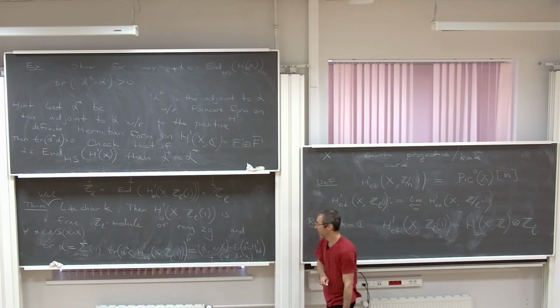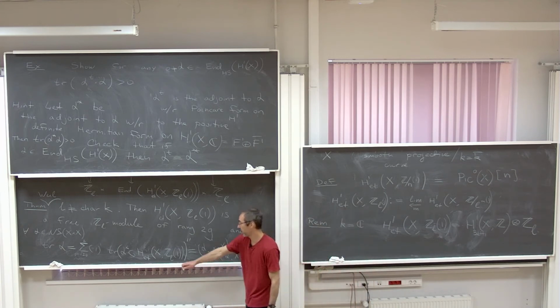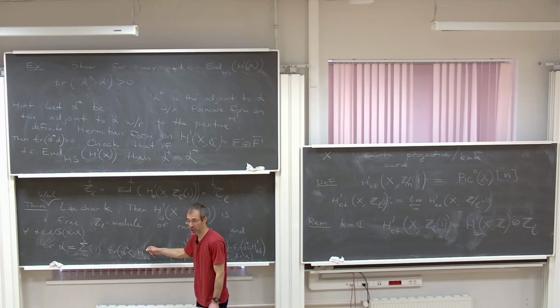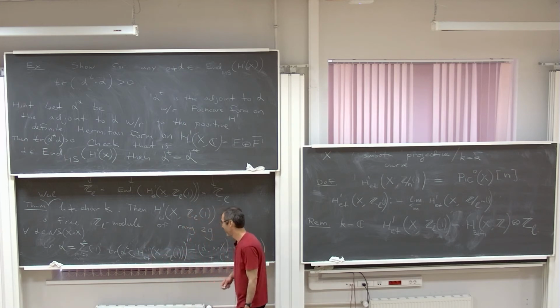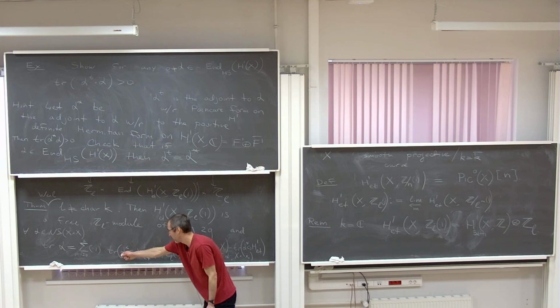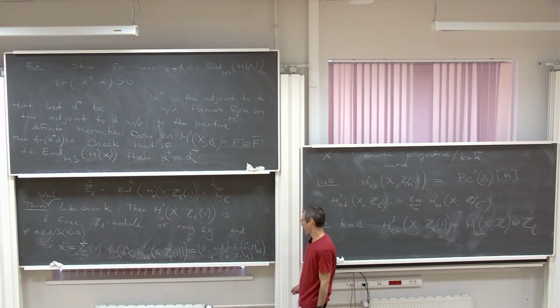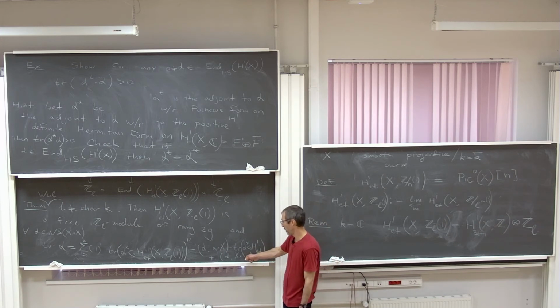Okay? So you should think of this number as an analog of the trace of alpha acting on H0, which as a space is just ZL. It's not very interesting, but nevertheless, it might have a non-trivial action of alpha. And the action on H2 should be related to the degree of alpha.